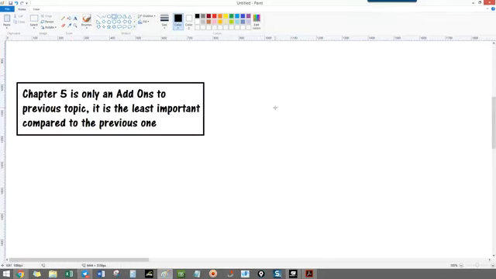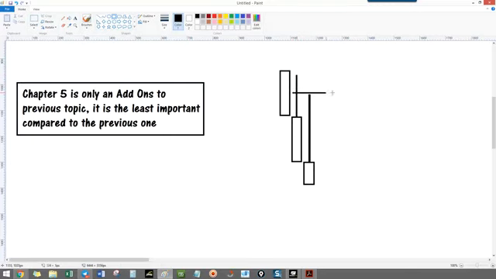So if it's like this, this is still ST1 because it is side by side.